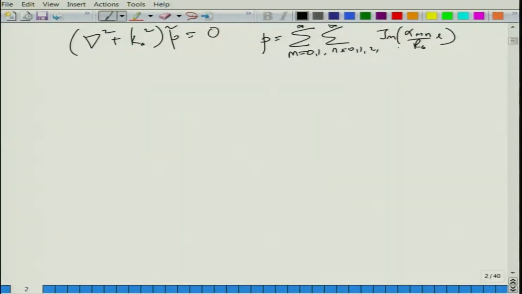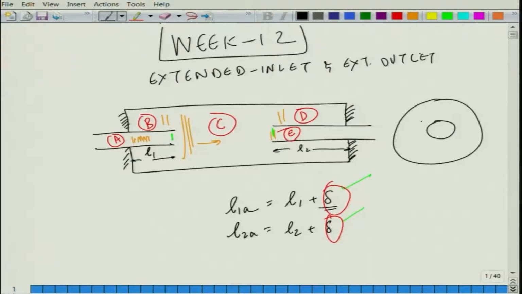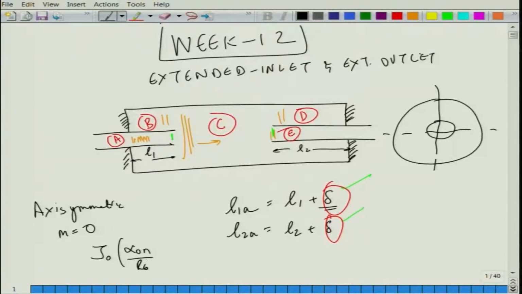And note another thing that I forgot to mention, sorry for that: for such a configuration only the axisymmetric mode will propagate. What it means is that only the m equal to 0 mode, that is Bessel functions, or in this annular region Neumann functions, will propagate.